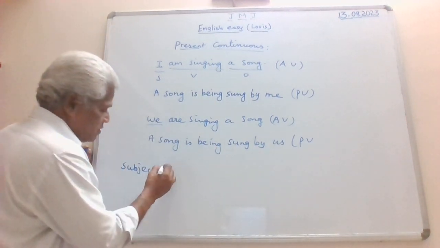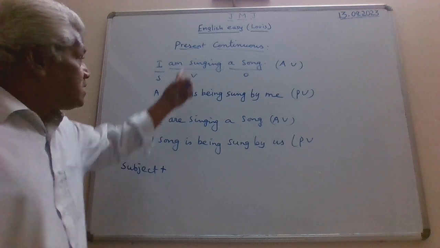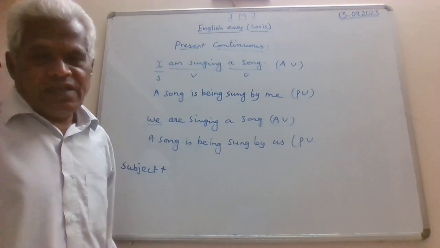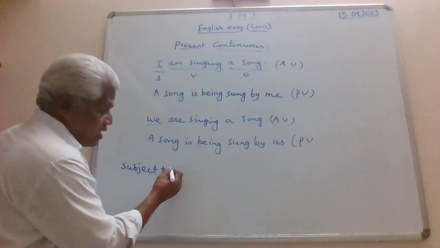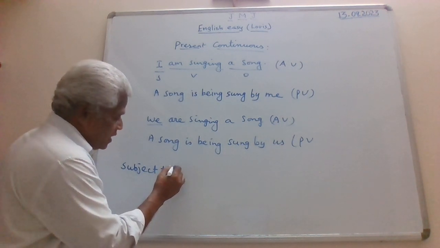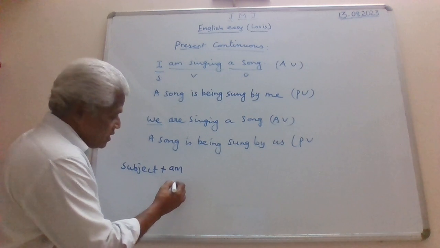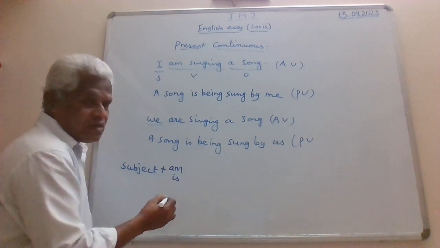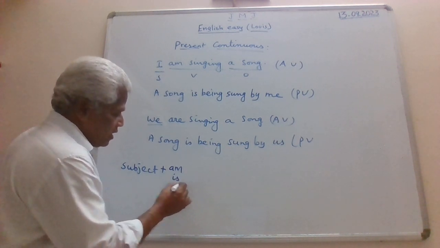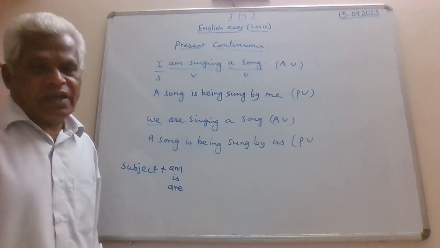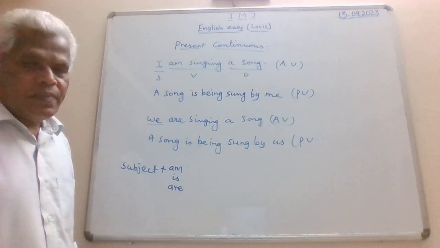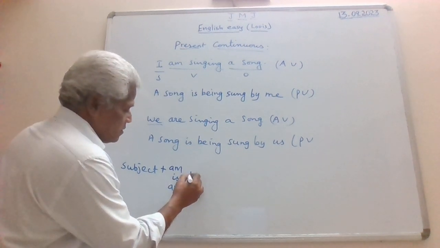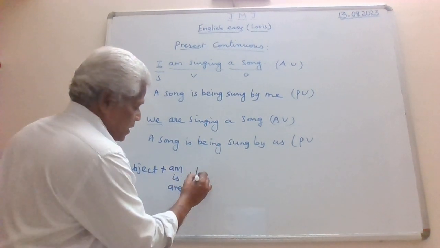Subject plus, since this is present continuous tense, what are the be forms of the verb here? It can be am, it can be is, and it can be are. Plus being.